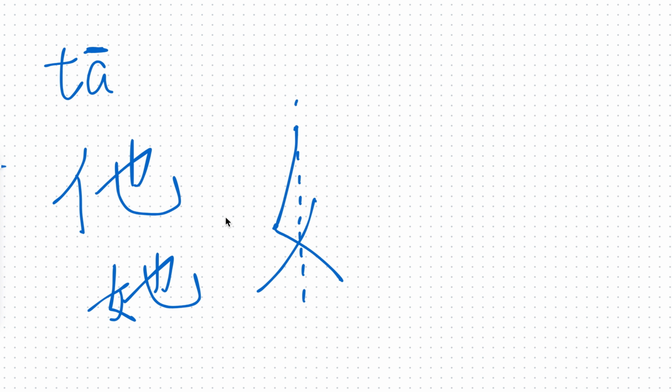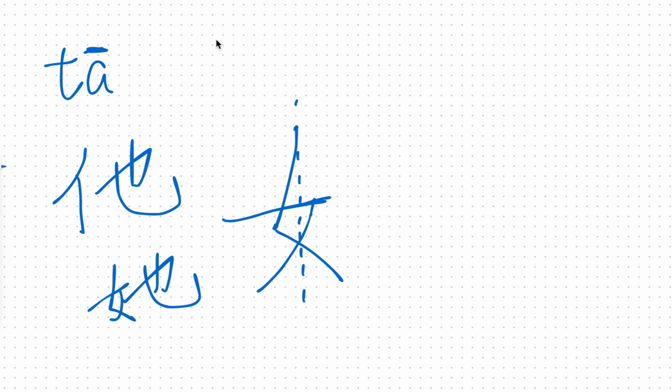And finally, a horizontal stroke goes far left and meets this. When it meets, it can exceed this a little bit. This stroke will not exceed up, but this can exceed here. Okay?